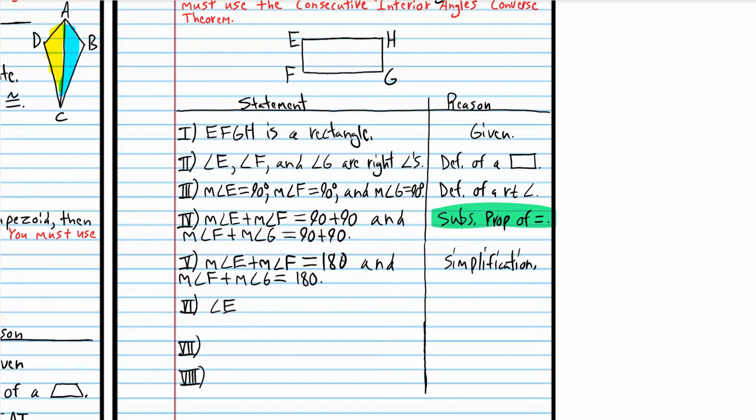So if the measures of the angles add up to 180, that means angle E and angle F are supplementary. That's just the definition of supplementary angles. And angle F and angle G are supplementary.